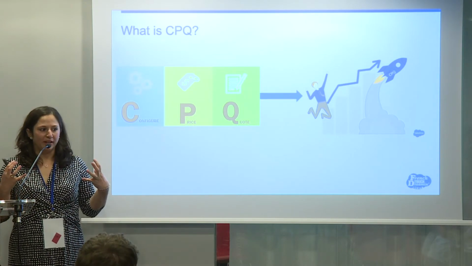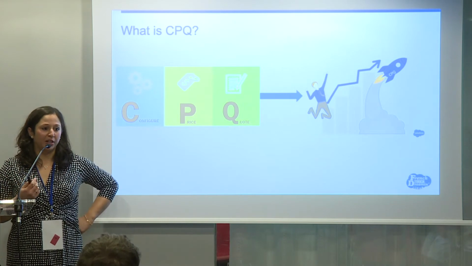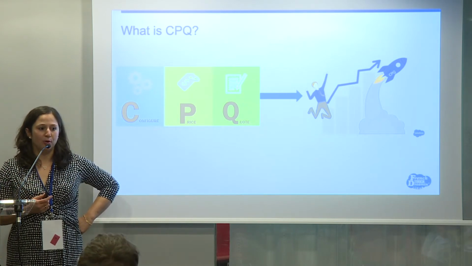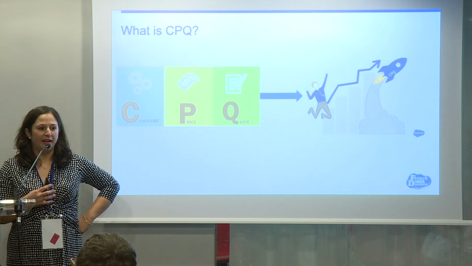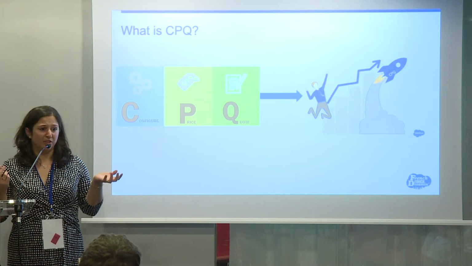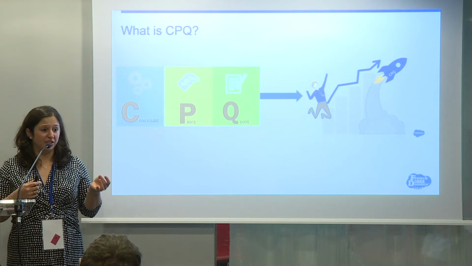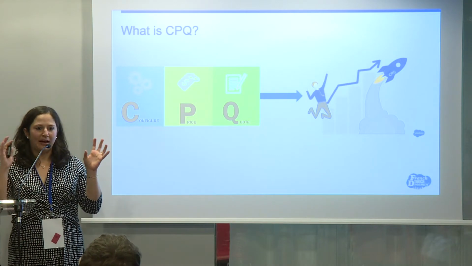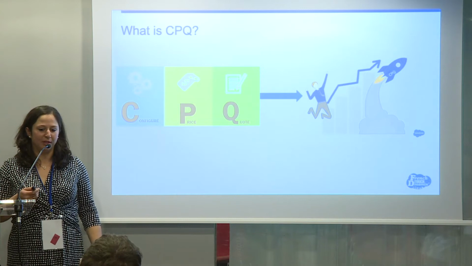And then quoting is the actual output, the document of all the quote and the quote lines, the things you're selling, and outputting them into a PDF or another format and getting your customer to potentially sign that with an e-signature tool. So that's a very high-level overview of CPQ.